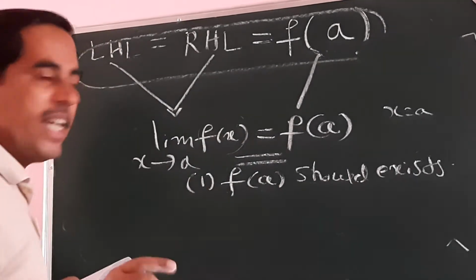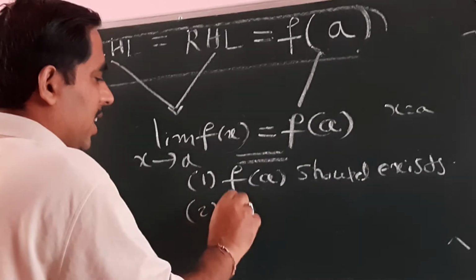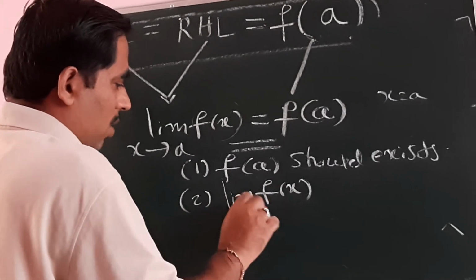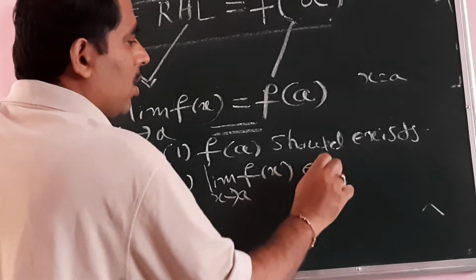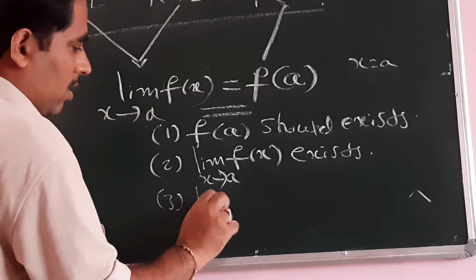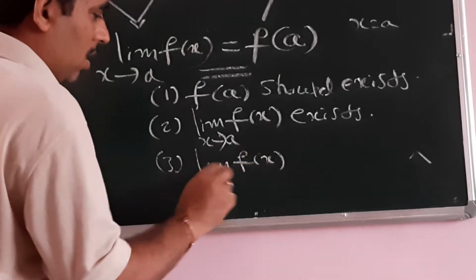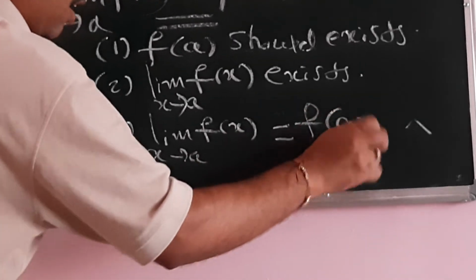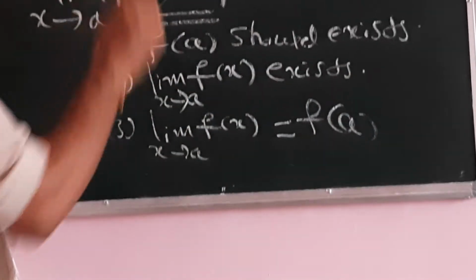That should be finite, first of all. Then the second point is the limit of the function as x tends to a. It should exist, and the limit of the function as x tends to a should be equal to f of a. That's what I have written here.